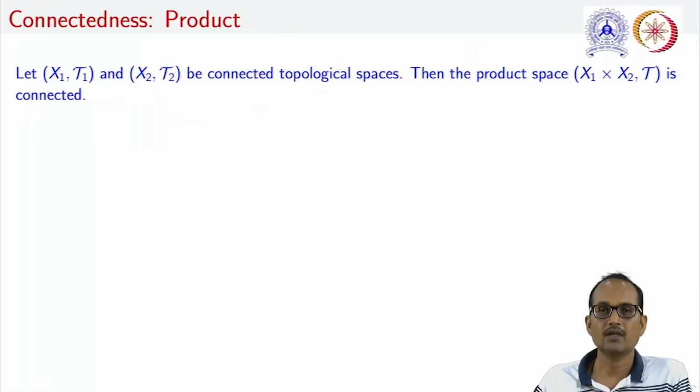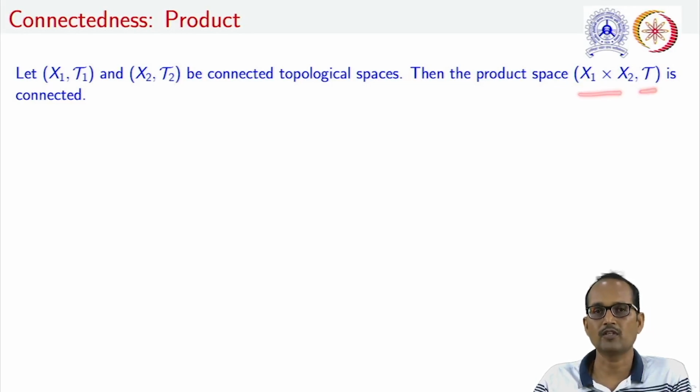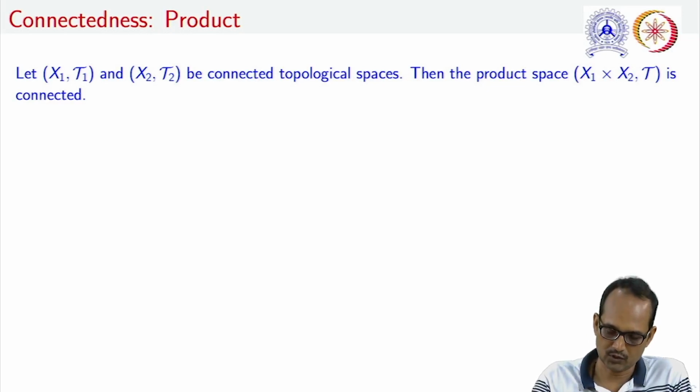Moving ahead, let us discuss the connectedness of product space. Begin with two topological spaces (X1, τ1) and (X2, τ2), which are connected. What we can show is that the product space, that is X1 × X2 along with the product topology, is connected. In order to prove this theorem, let us begin with a simple notion.